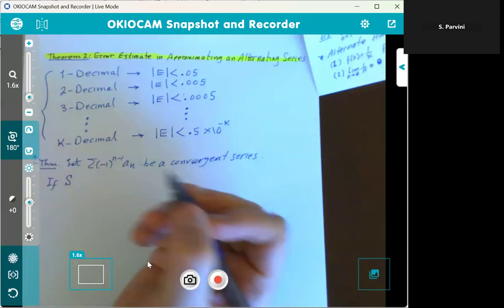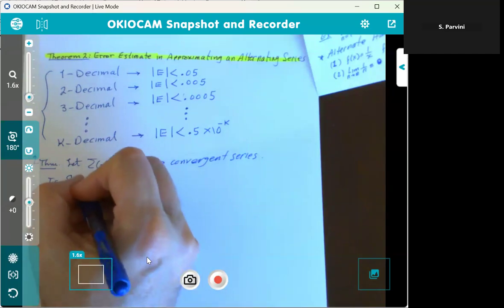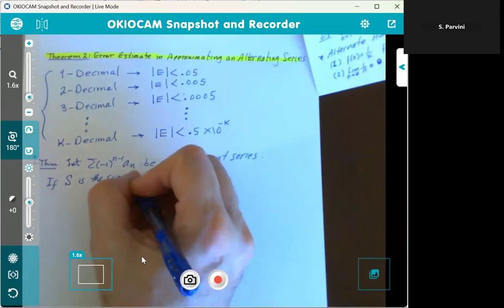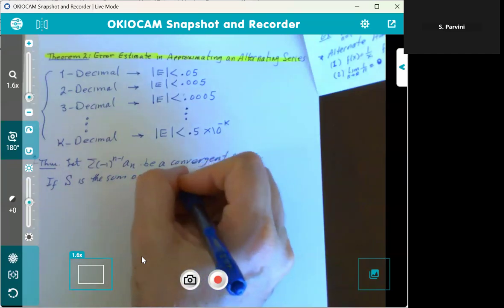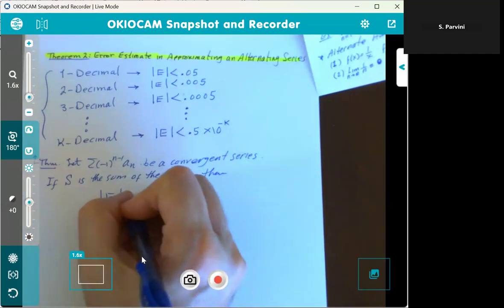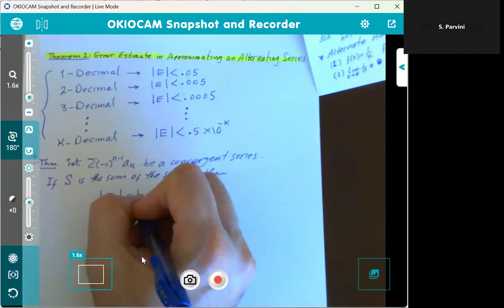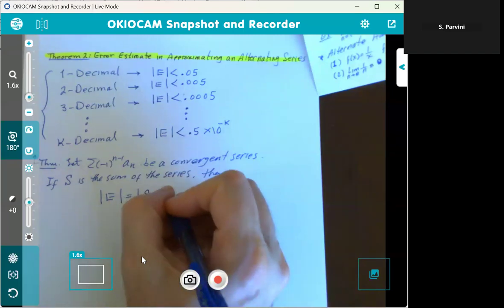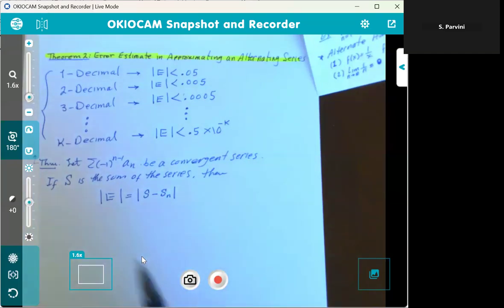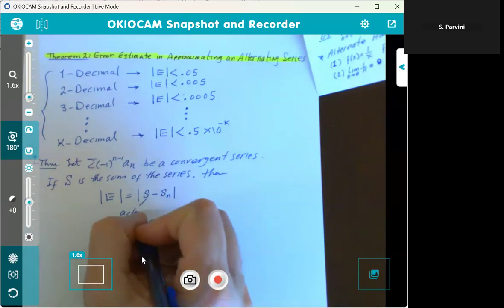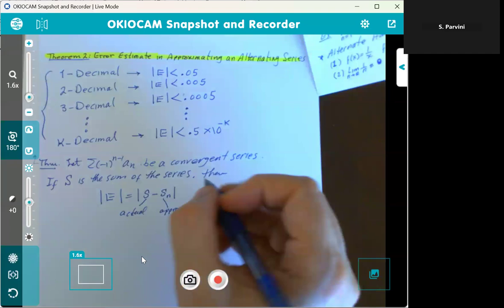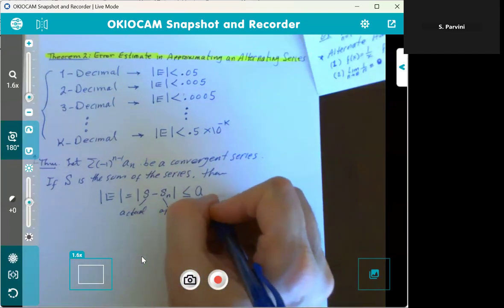So, like always, if we let S be the sum from 1 to infinity of the alternating series, then the absolute value of the error, which is equal to the actual sum minus the sum based on n terms, which we call the partial sum, is going to be less than or equal to a sub n plus 1. Remember, S here is the actual total, the actual sum. The partial sum is an approximation to the sum.